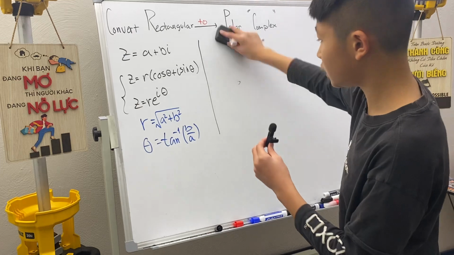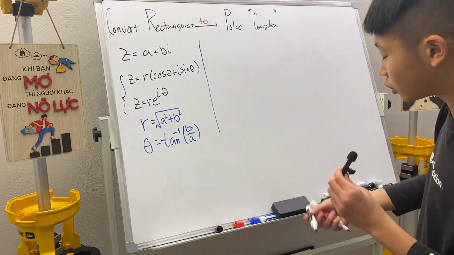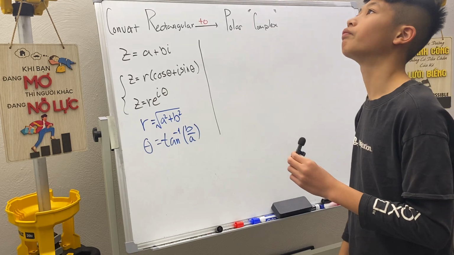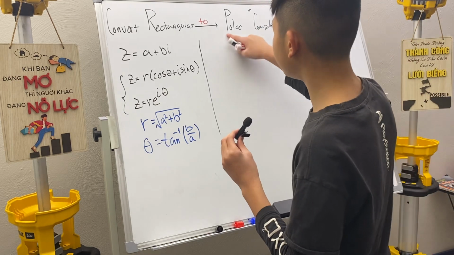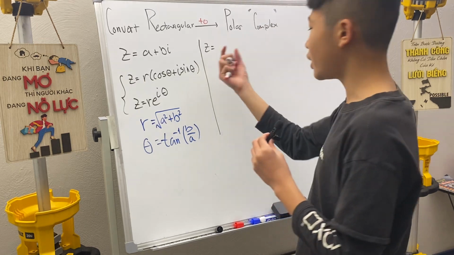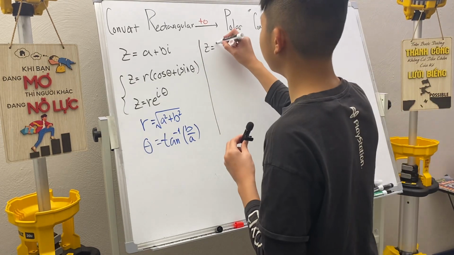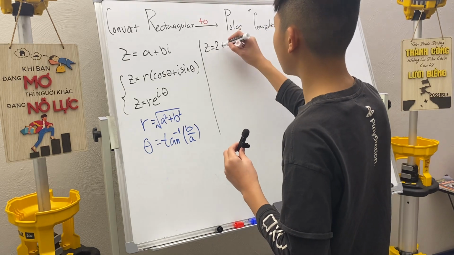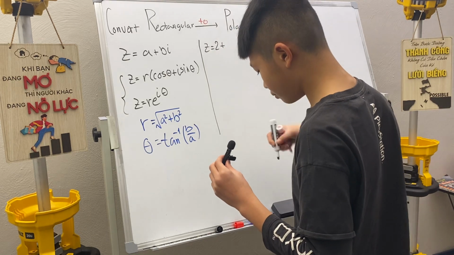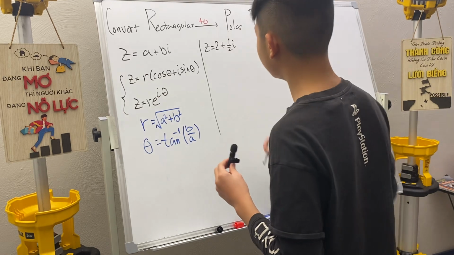Okay, next example. I'm not going to erase this. I'm just going to give a random one off the top of my head: z equals 2 plus 1 half i, or i over 2, whatever.